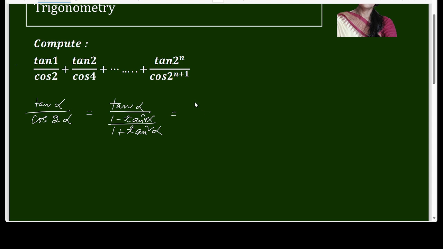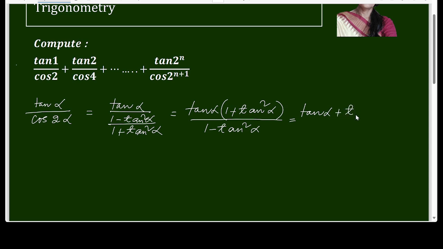Then it will be tan alpha times 1 plus tan square alpha over 1 minus tan square alpha. Now on simplification it will be tan alpha plus tan cube alpha over 1 minus tan square alpha.